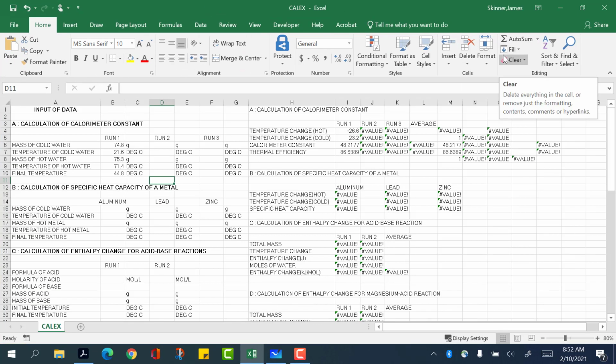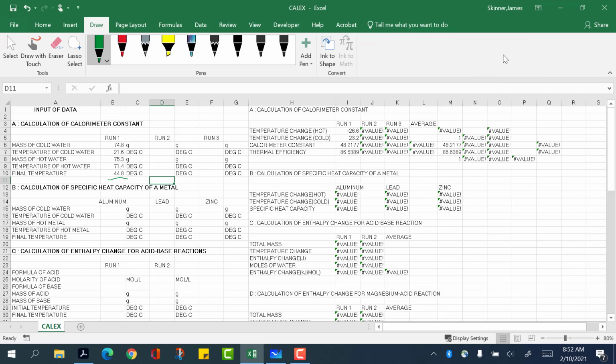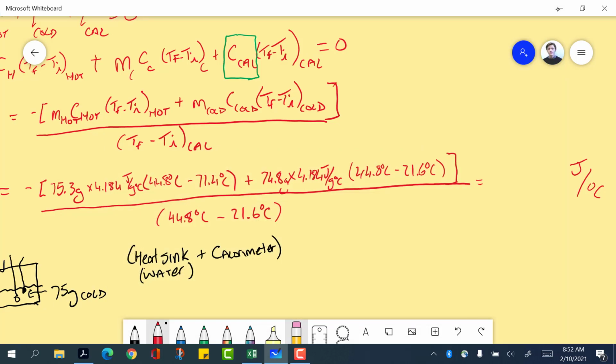And when you look at the spreadsheet, here in experiment 1, run 1, they have these values put in here, and what they've got is they have the calorimeter constant calculated right there as 48.2177 or 48.2 joules per degree Celsius. So that should come out to be 48.2 joules per degree Celsius.